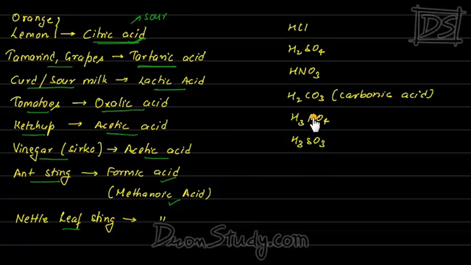But the mineral acids, students, can be weak also and strong also, like these three here. Very important mineral acids. They are very strong acids. But these three here, carbonic acid and these two acids, they are weak acids, students. So it is very important to note that organic acids are always weak, but mineral acids can be strong as well as weak.